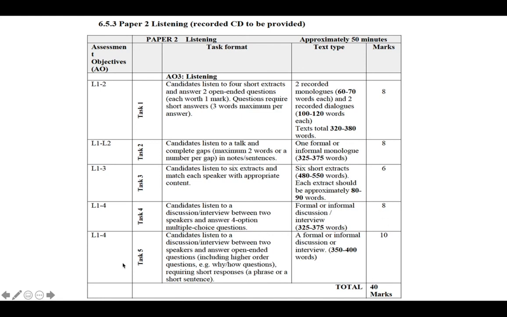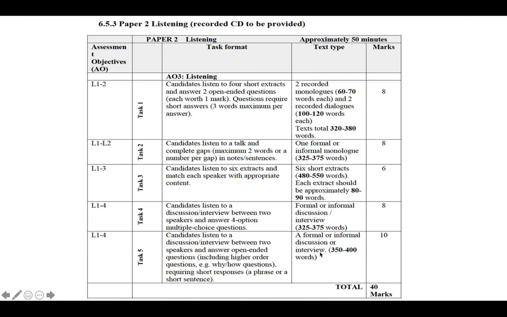It's worth 8 marks. And then the last task is the candidate will listen to a discussion or interview between 2 speakers, and then answer open-ended questions, including high-order questions, things like why and how, questions that they will need to listen to, which require a short response in either a phrase length or a short sentence.